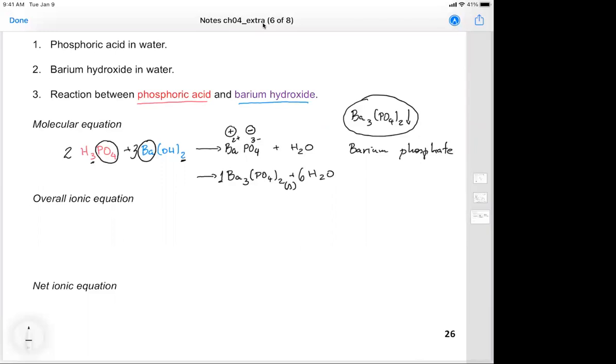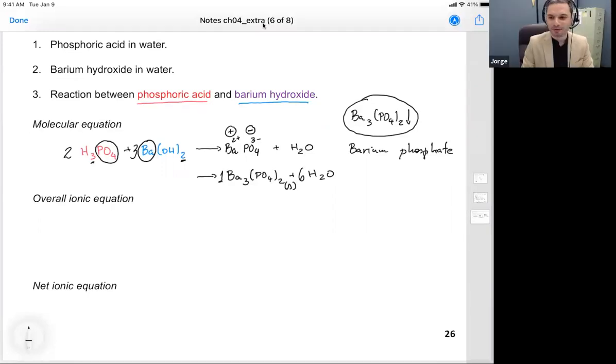Will the reaction not occur if a precipitate isn't formed? That's a very good question, Katie. So we are always looking for a visual clue. The formation of precipitate is the easiest one that you can have. However, there are other signs that the reaction occurred. For example, if there is release or absorption of heat, that indicates that the reaction occurred, or change in the conductivity of the solution, for example, or change in color.